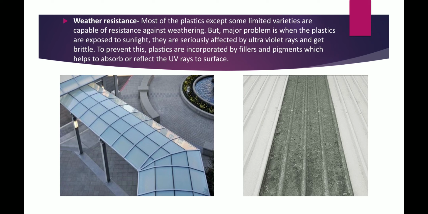To prevent this, plastics are incorporated with fillers and pigments which help to absorb or reflect the UV rays at the surface. And here on the left you can see a picture of plastic being used for roof covering, and on the right is a picture of the roof covering after it was exposed to UV rays.